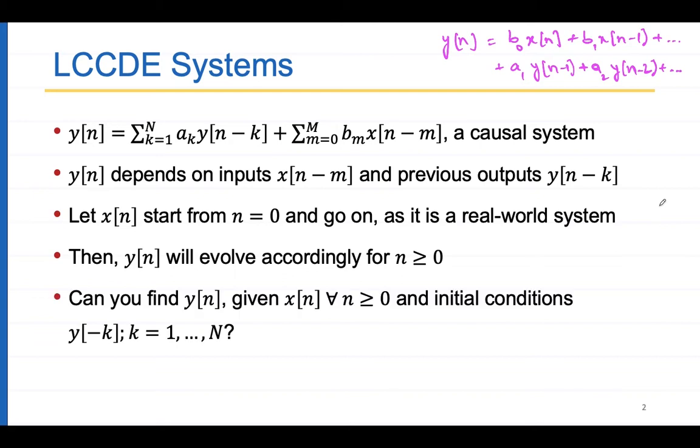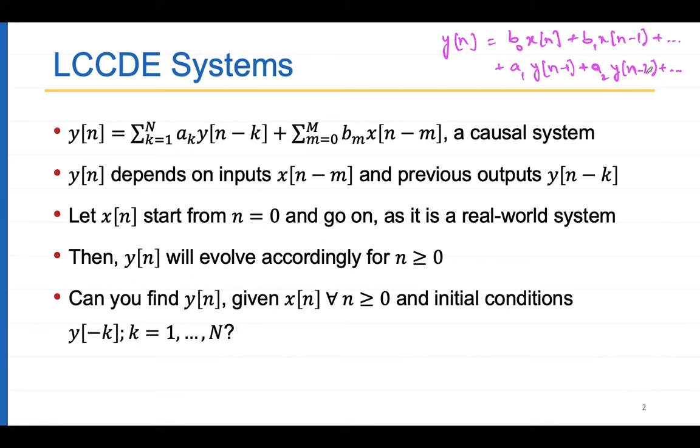Can you find y[n]? Now we have to solve the LCCDE system. If we are given x[n], can we find y[n]? Yes, but my y[n] will also depend on some initial conditions, right? Because even if I know all x[n], which is non-zero only for n greater than or equal to 0, it also needs, let's say, y[0] will depend on y[minus 1] and y[minus 2].